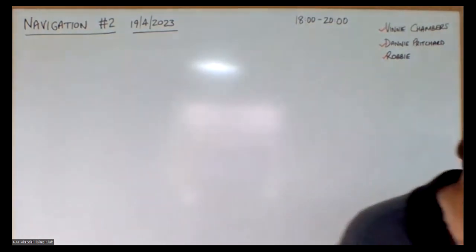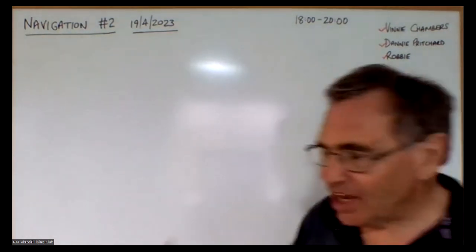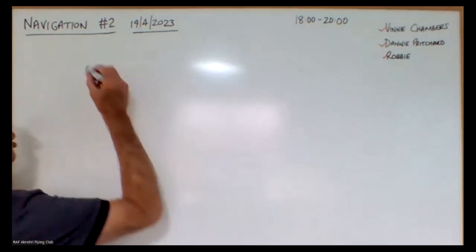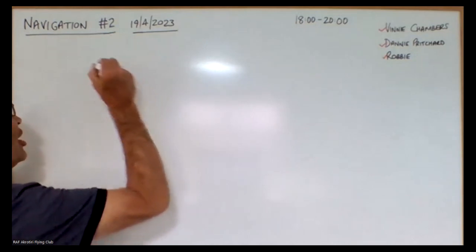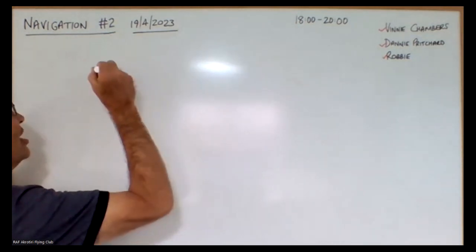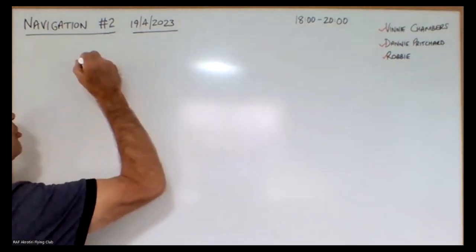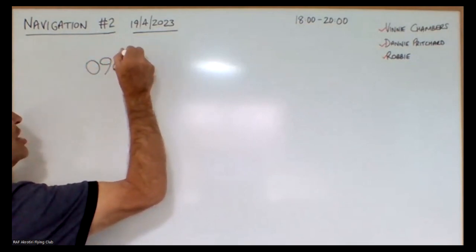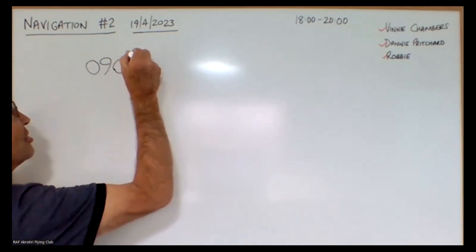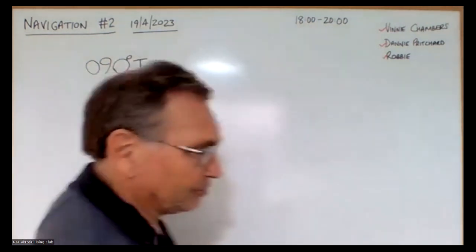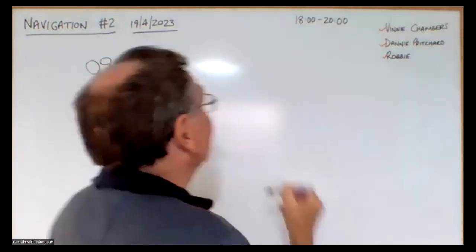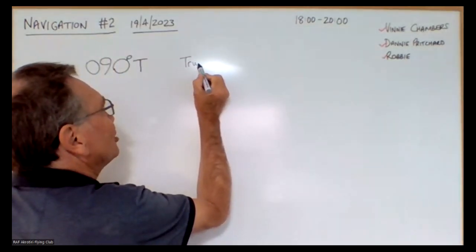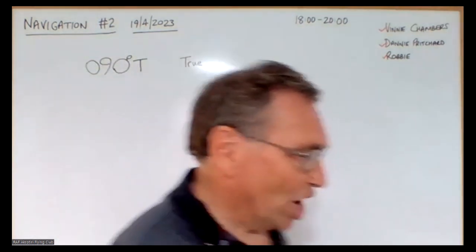Well, when we work out where we're going to fly, we work out where we're going to fly true. So if I was going to fly to the east, for example, I would fly 090 degrees, and I would put a T after it. And the T means true. That means I'm going to fly a true heading.